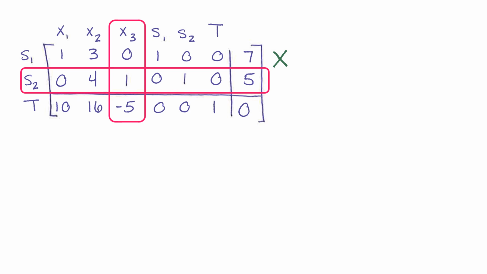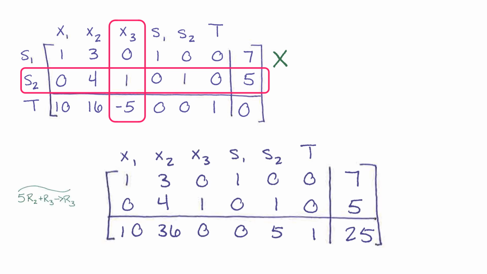So I just need to change the negative 5. So I multiply row 2 by 5, add it to R3 to get a new R3. So the new row 3 is 10, 36, 0, 0, 5, 1, 25.